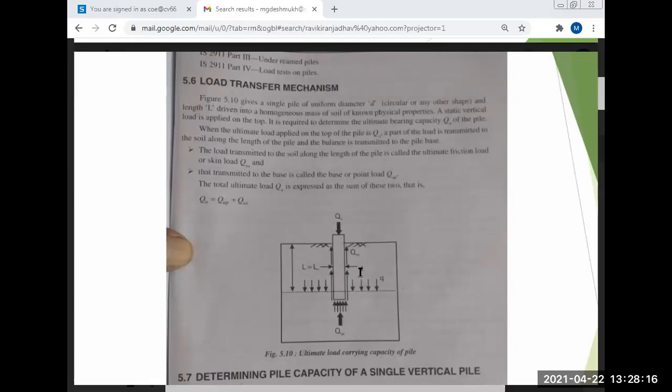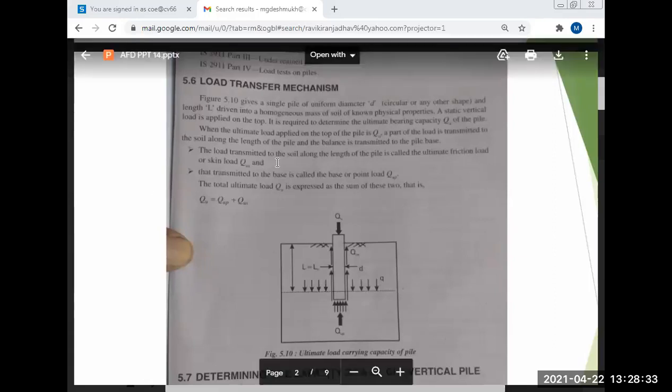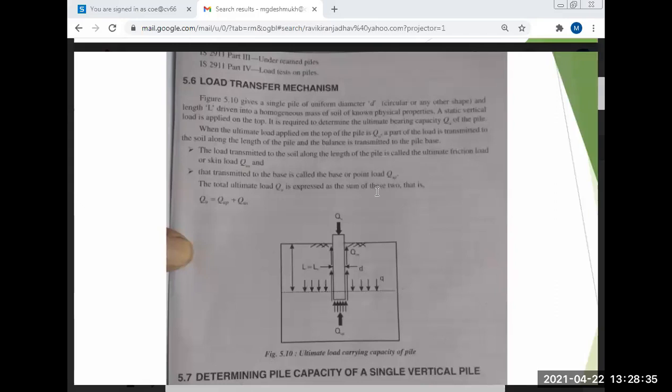So this load is resisted. So now total ultimate bearing capacity QU is given by the sum of the load transmitted by the soil along the base. The load transmitted through the base is called base point load. It is denoted by QUP.